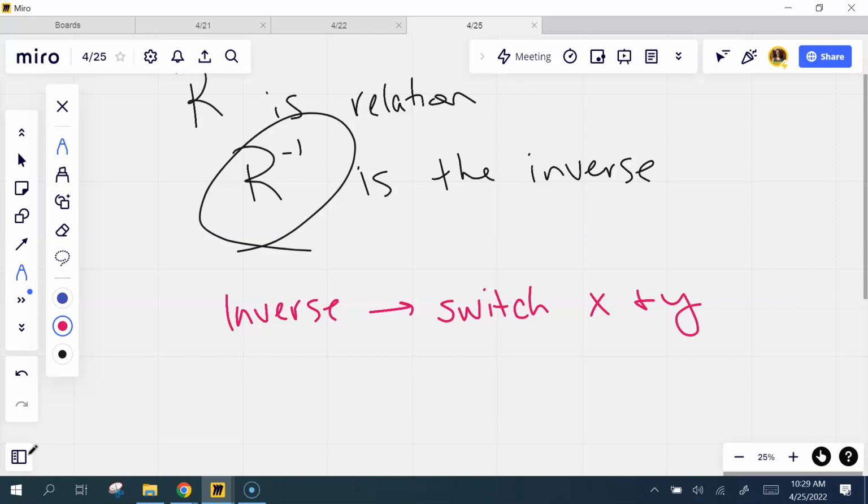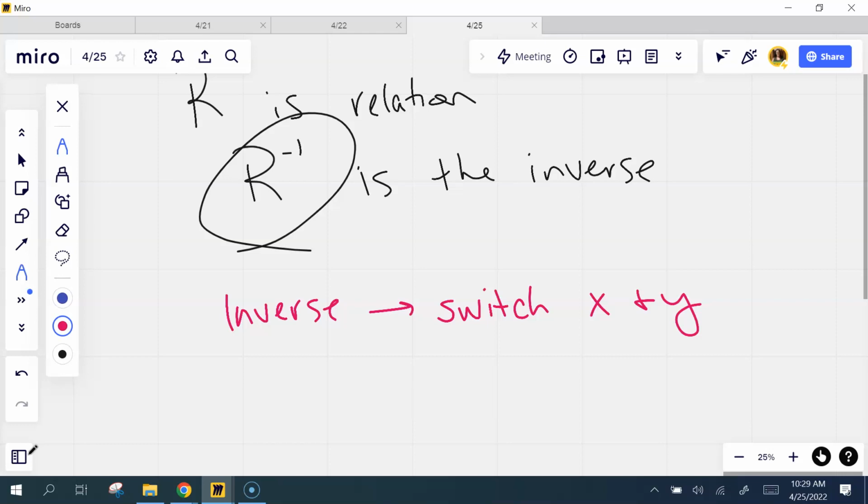So literally, if I have a set of points, I just switch the x and the y, and those are the inverses of each other, okay? If I'm talking about a graph, if I switch the x and the y axis, which essentially just rotates whatever it is you're graphing, then I have the inverse, okay? So all I'm doing is switching x and y.